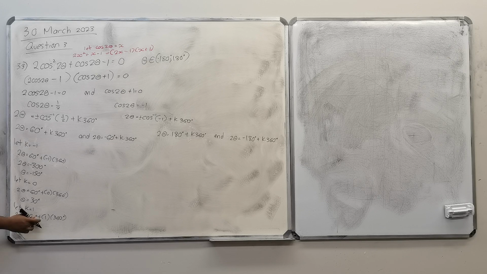So you're going to end up with 60 plus 360, which is 420. So 2 theta is equal to 420, and theta is equal to 210, but 210 is out of our limits. So not applicable. We know we don't have to carry on the values of k, because anything greater than 2 is going to be out of the range.